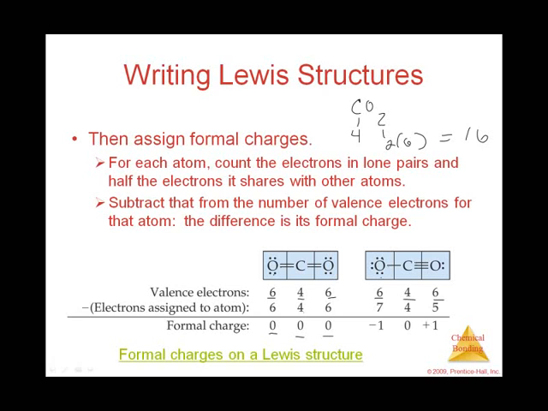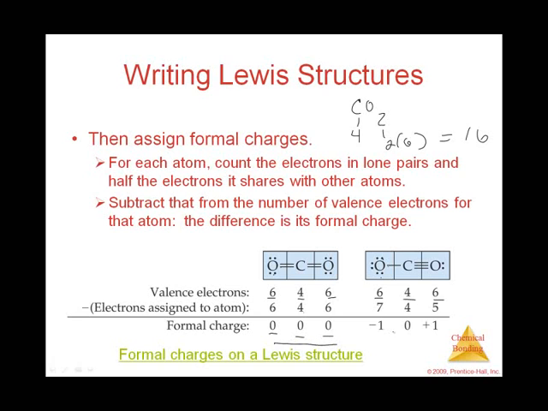The carbon has a 1, 2, 3, 4 formal charge, which is okay, and the oxygen has 2, 3, 4, 5, which gives it a +1. So when we do that, the rule is if you have a structure where the formal charges are all 0, that's your preferred structure.